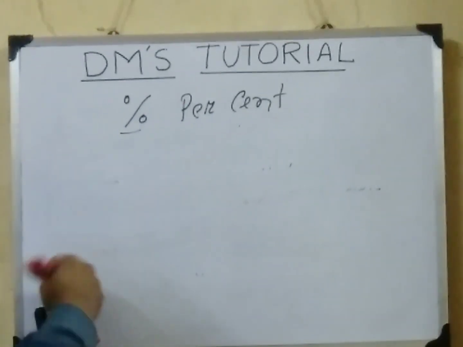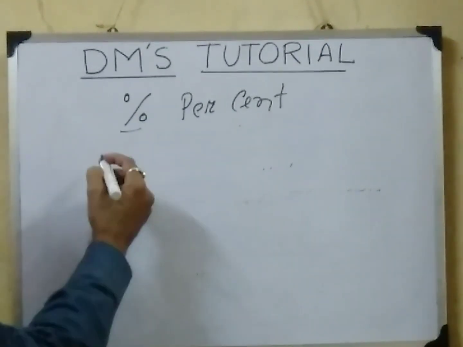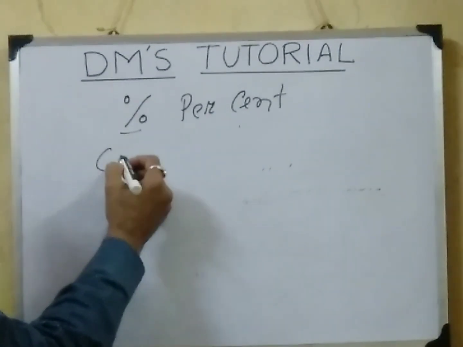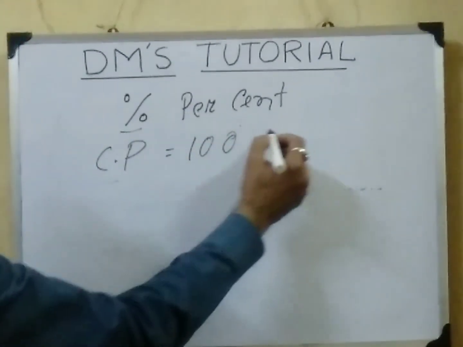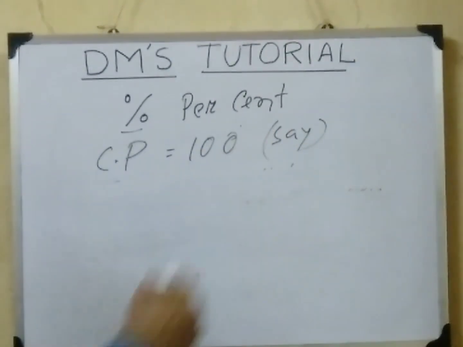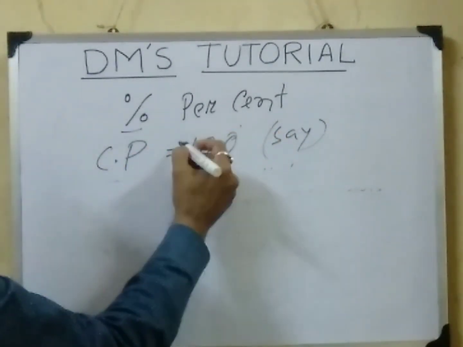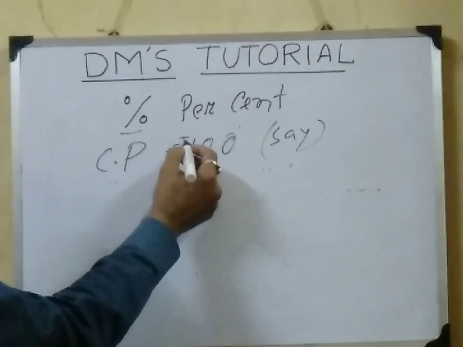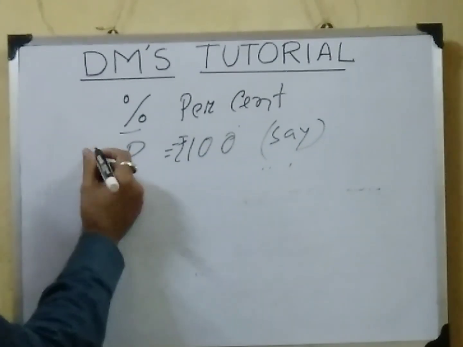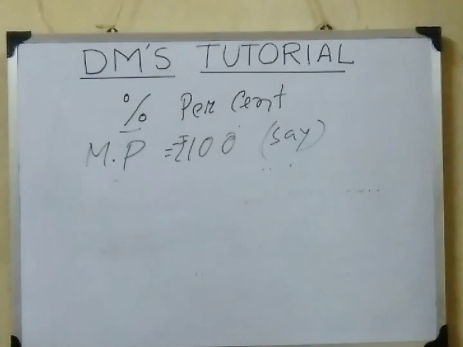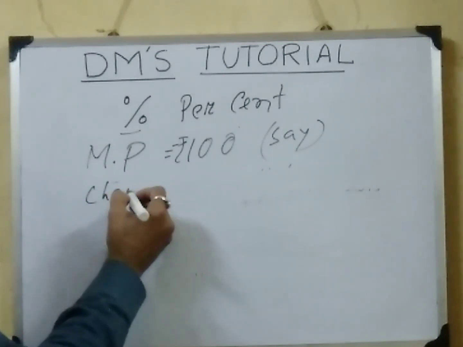Look at it carefully. Suppose the cost price of that matter is equal to 100. Cost price of that matter is equal to rupees 100, say. After increasing the value by 10%, this is marked price. Marked price of the value of the matter is rupees 100. Changed price.